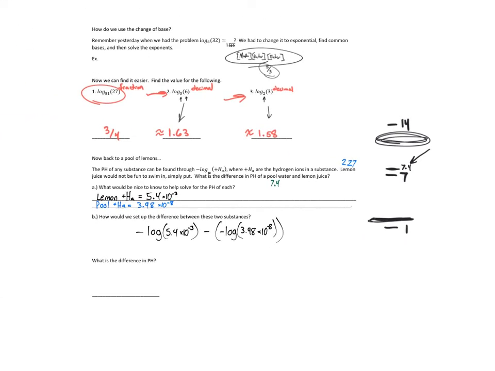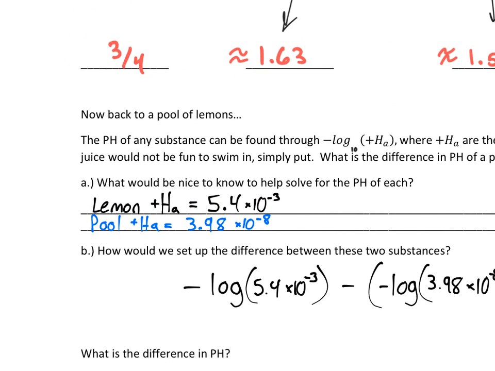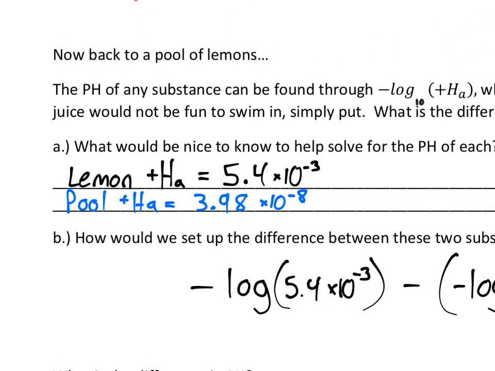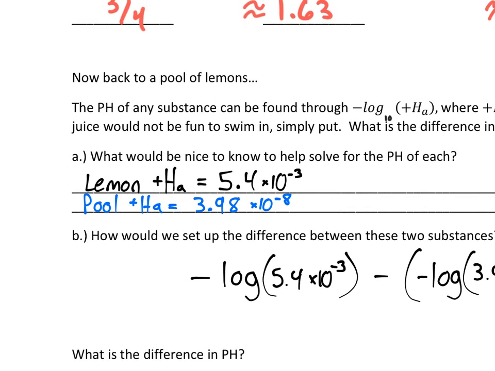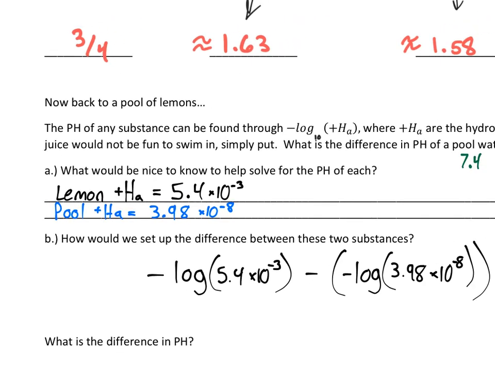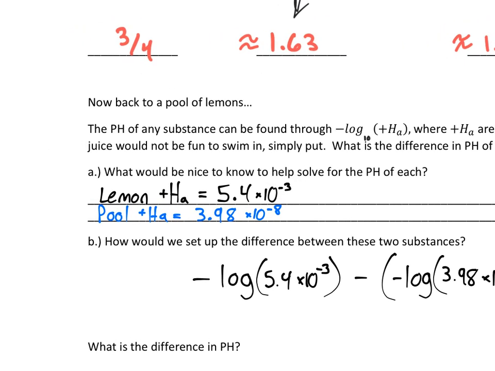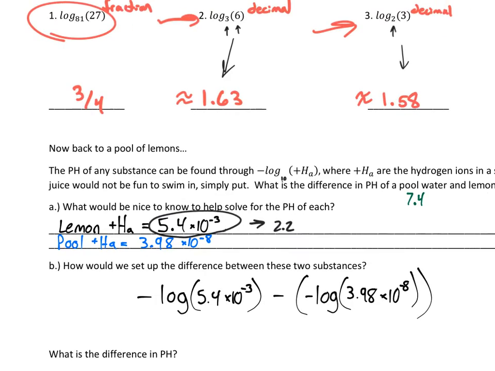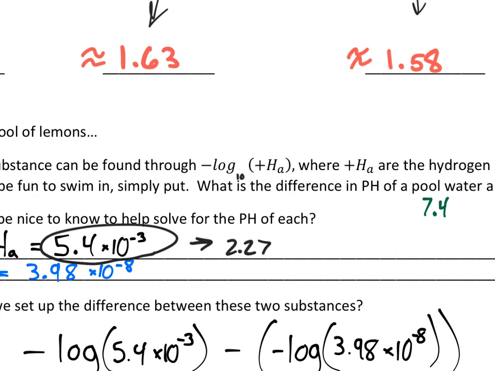All right. So this formula looks a little fancy. Ultimately what I did here for us is I found the answer to the number of hydrogen ions that are in lemons. And this amount right here corresponds to that pH scale of 2.27.